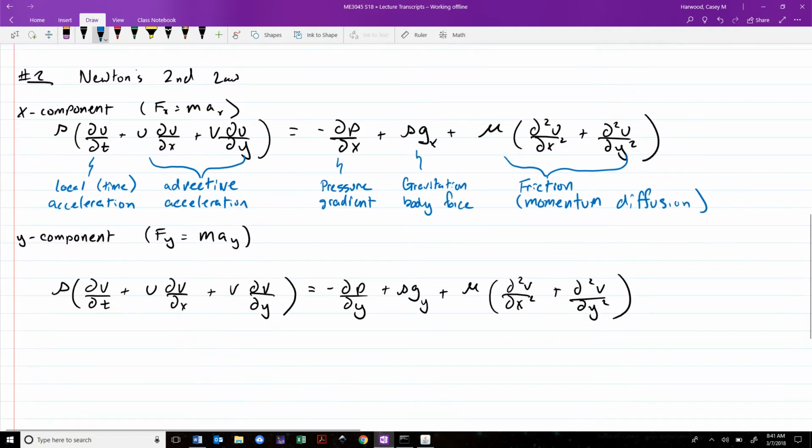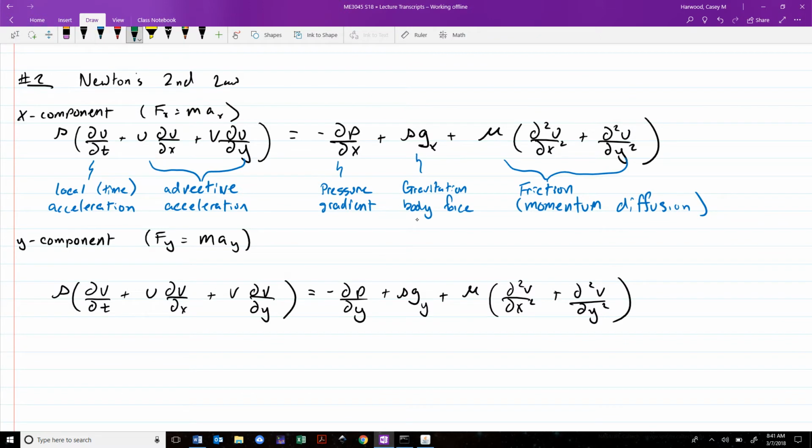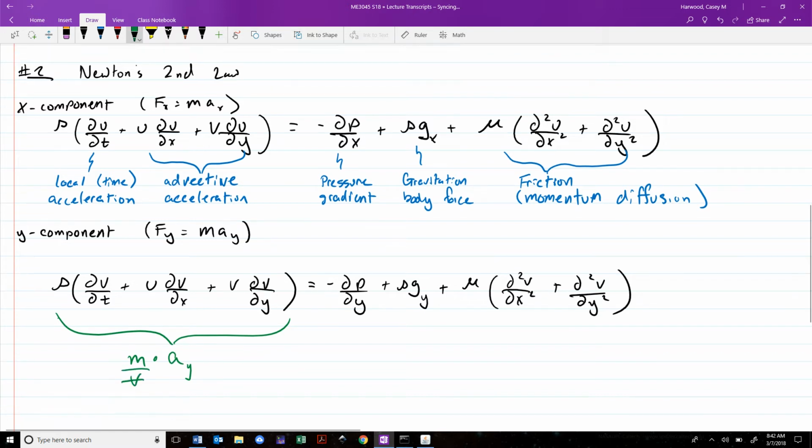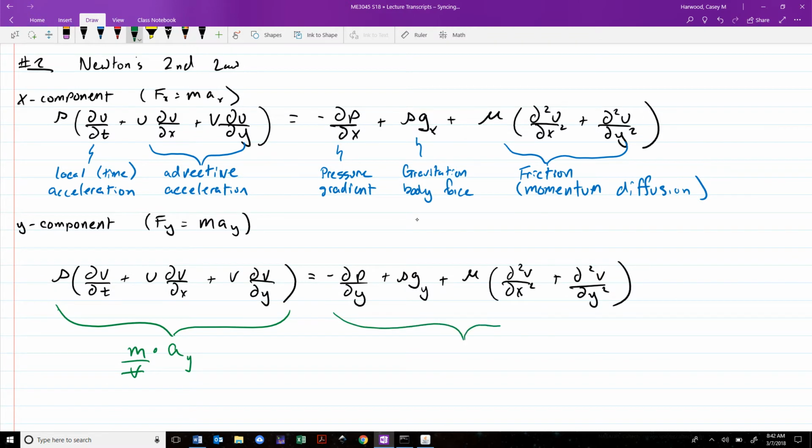All the terms on the left-hand side effectively work out to m times acceleration, but per unit volume. So density times acceleration, and all the terms on the right-hand side turn into the sum of the forces in the y direction, also per unit volume.